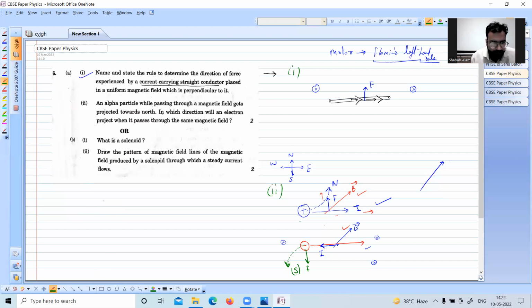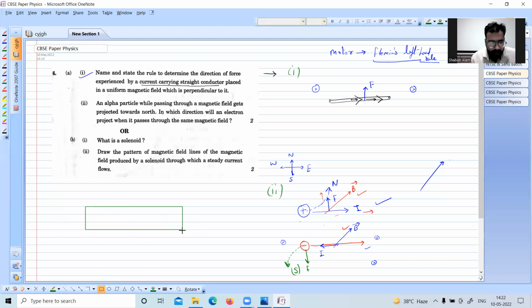Let us draw. Suppose this is any rectangular material, and on this material we are going to draw the circular loops of the coil. These are the circular loops.